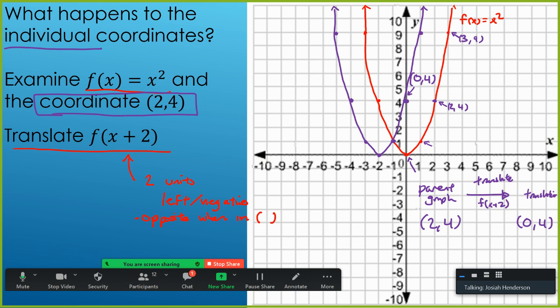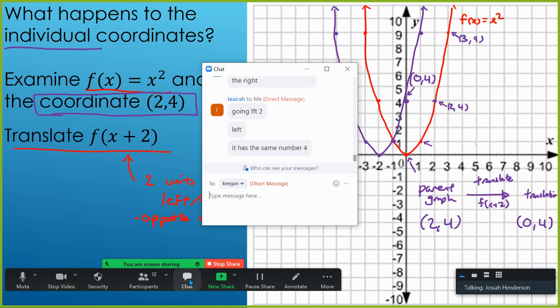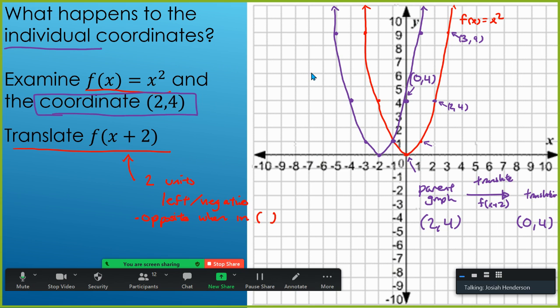What didn't change, right? The y part didn't change. Let's see what's in the chat. Very good, Tira. Thank you for noticing that. Yeah, it has the same 4. The 4s are the same, and that's the y, right? The y portion.